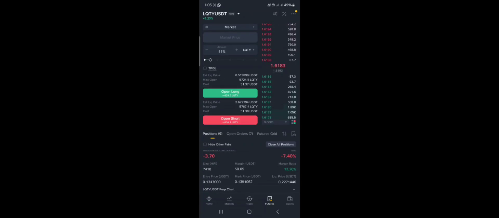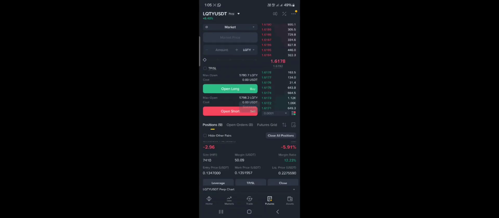I'm going to sell. So let's see how it will play out. I have entered this trade. LQTY, you can see it here. Let's see how it plays out.